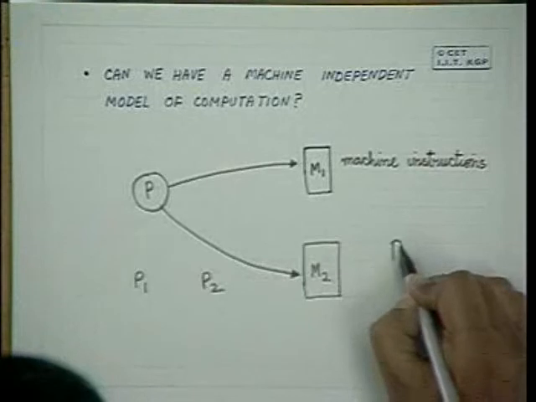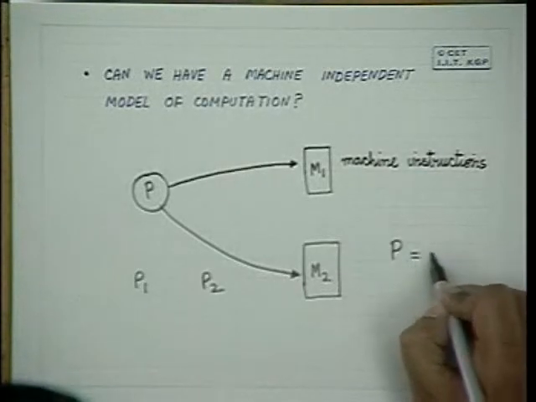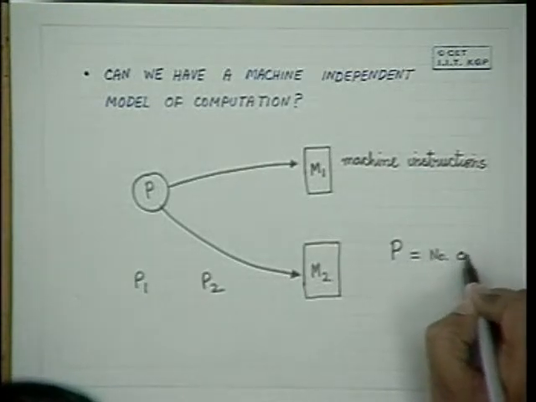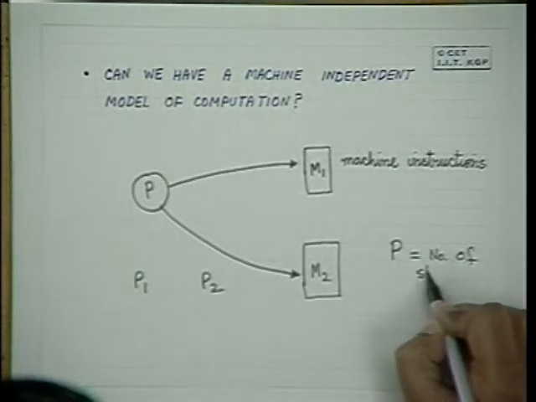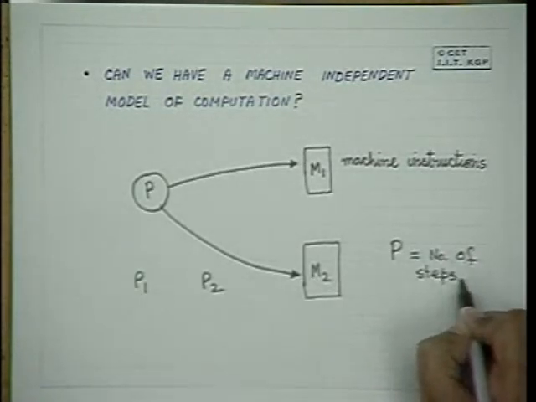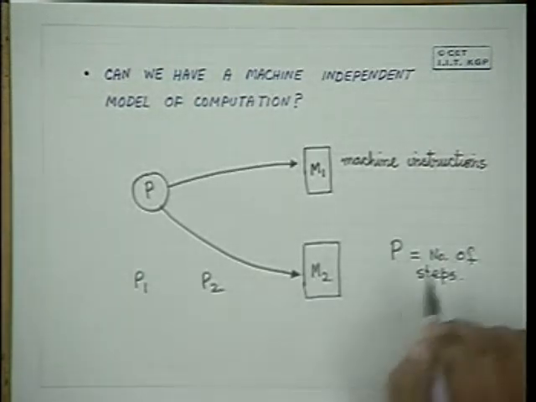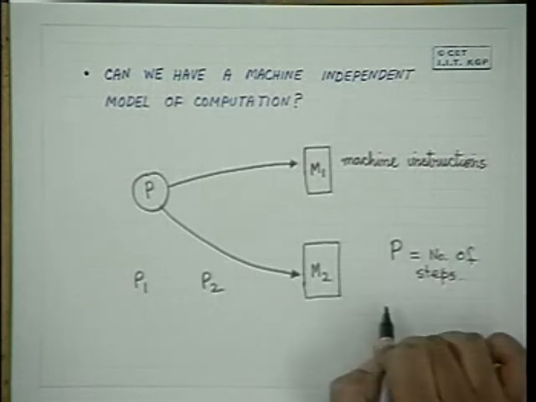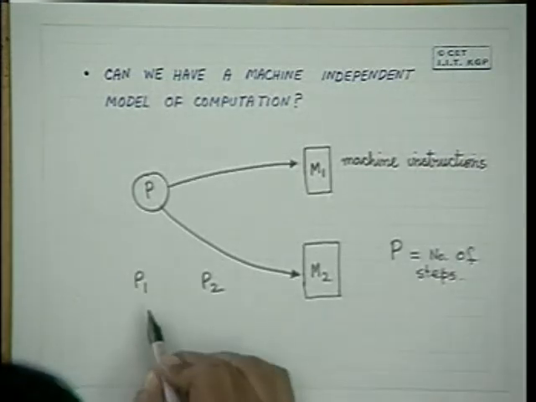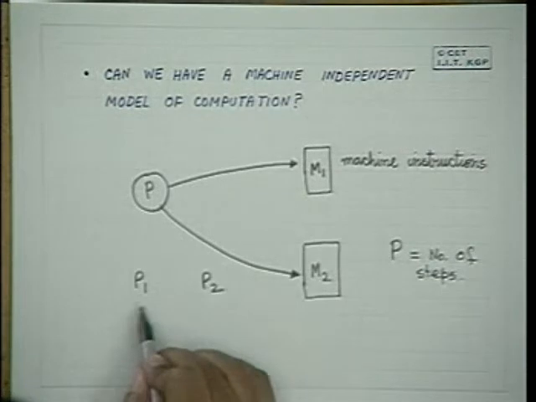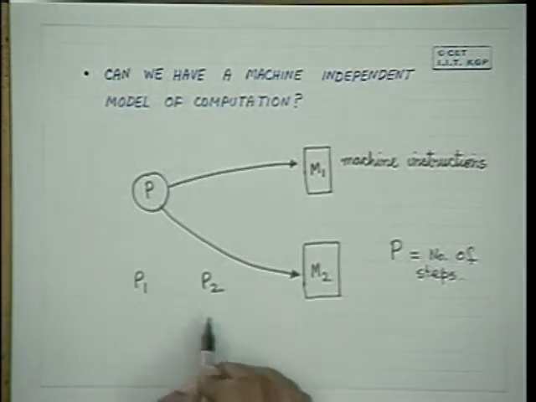So now if we let all operations take the same unit of time, then given a program P, we can compute the number of steps that it takes to execute. Now this is an approximation, and given two programs P1 and P2, we compare the number of steps that they take to execute.